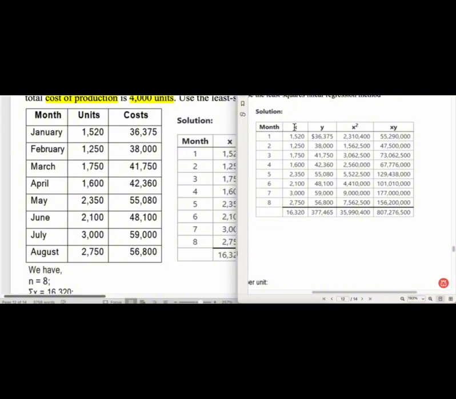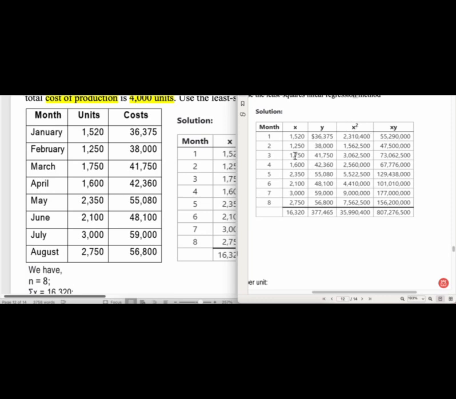Since X and Y are given, what we are going to solve is the x squared. When we say x squared, the exponent means you multiply the number by itself. So 1,520 multiplied by 1,520 is 2,310,400. That's x squared.